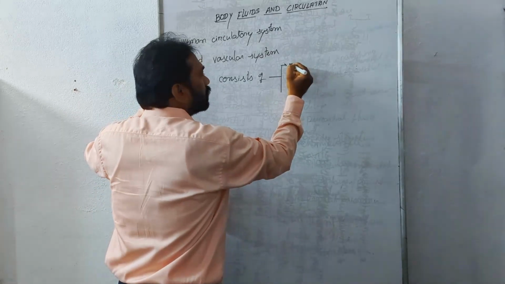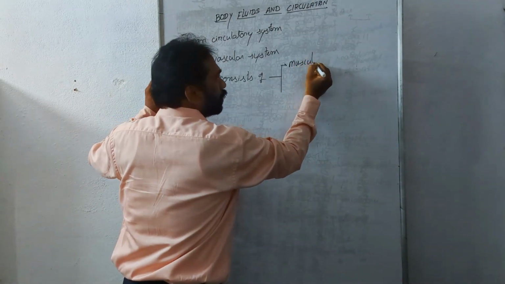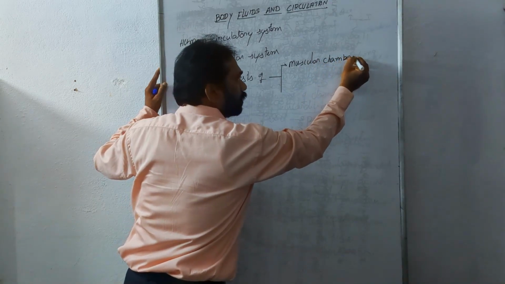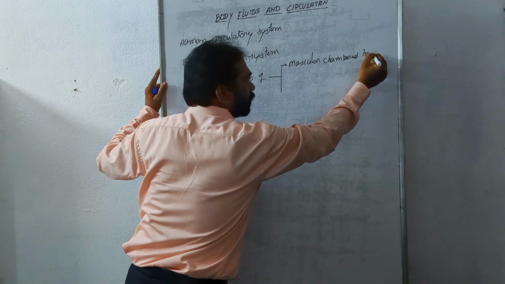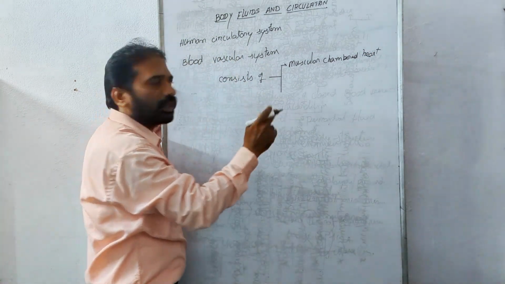three portions. First one is muscular chambered heart.